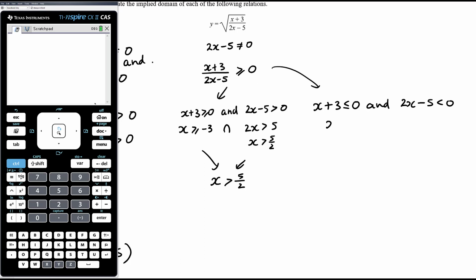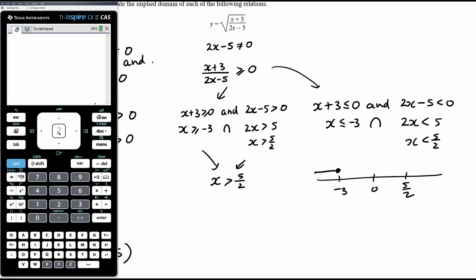So that means x less than or equal to negative 3 and intersection 2x less than 5, so x less than 5 on 2. So again, thinking about the intersection of those two things, if this is 0, here's 5 on 2, here's negative 3, x can be less than or equal to negative 3 and less than 5 on 2. So the intersection of those two things is less than or equal to negative 3, the overlap. So those two things together say x can be less than or equal to negative 3.